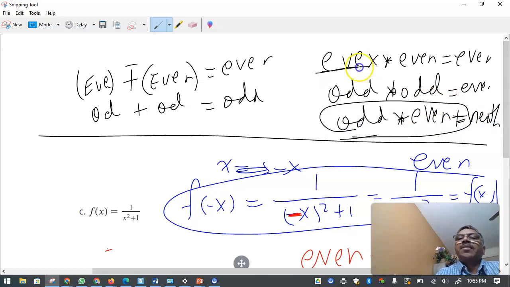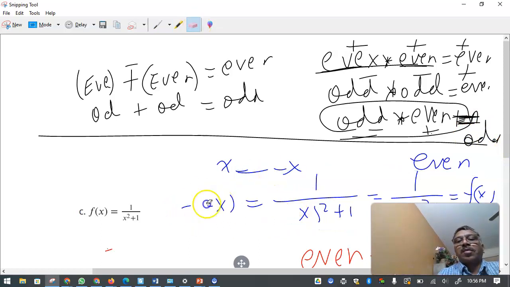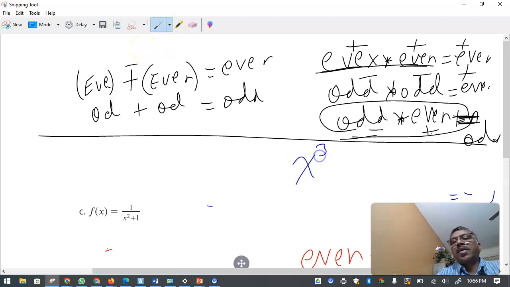Whenever you have two evens, it's like plus plus is plus, minus minus is plus, something like that. Minus and plus is minus. So I'm sorry, this is going to be odd. You may ask why. You can just take a simple example: x cubed is odd, and let's multiply it by an even function, x raised to 4.